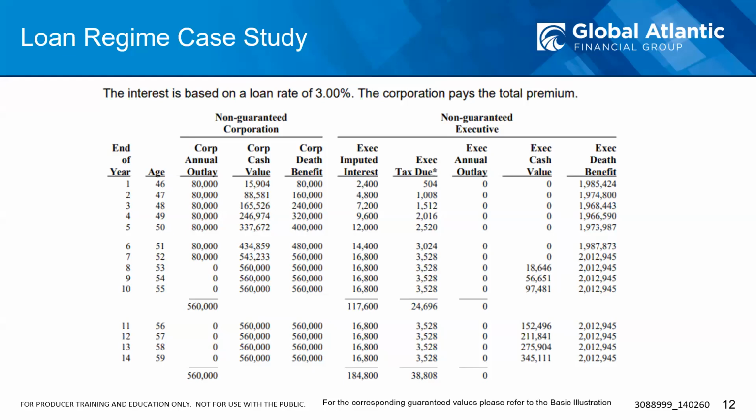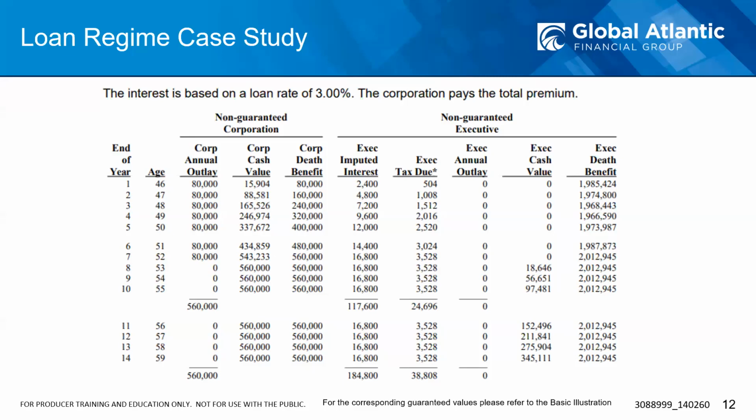They'll file a collateral assignment with us to protect that $560,000, so they'll be able to recoup that either through the cash value or the death benefit. We see, based on 3%, the amount of interest that is going to be put on the W-2, that forgiven interest that the employee is not going to physically pay. It's going to be forgiven and put on their W-2.